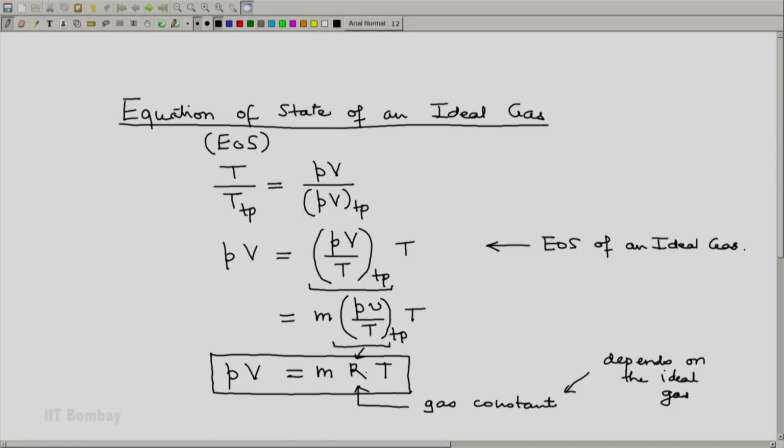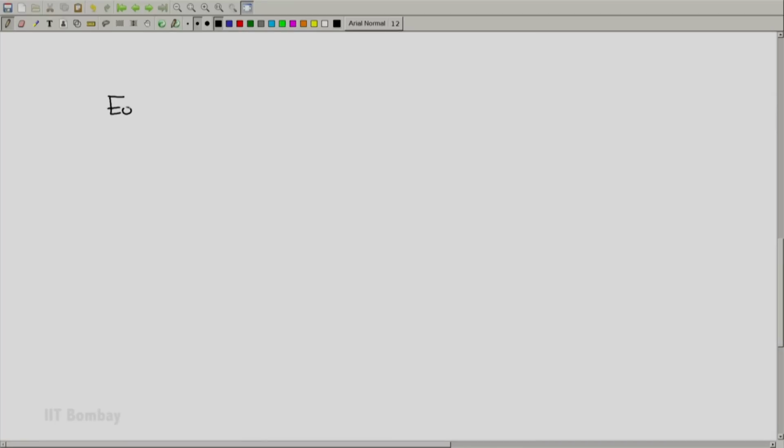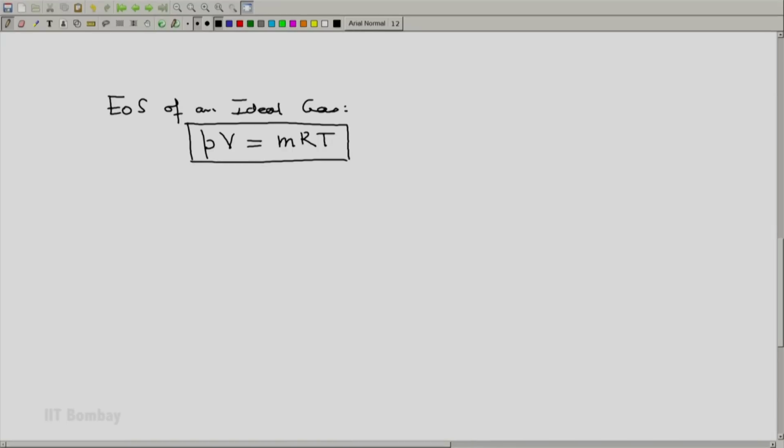So we should remember that the equation of state of an ideal gas can be written down either as PV equals mRT, or if we divide throughout by m, then on the left hand side we will get V by m, and that can be written as the specific volume. So you will end up with Pv equals RT, where R is the gas constant for the particular gas.